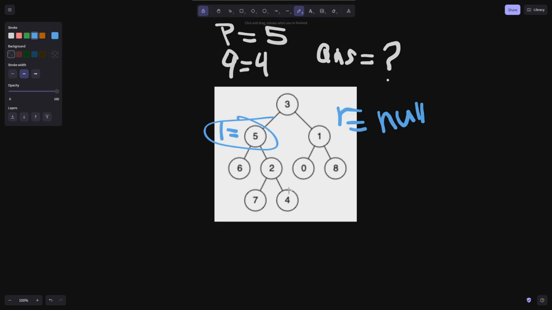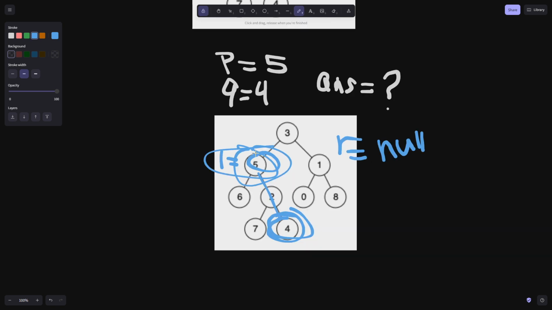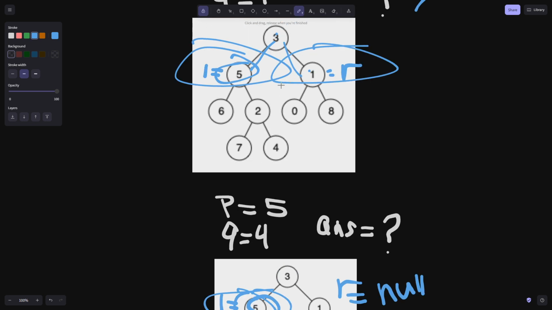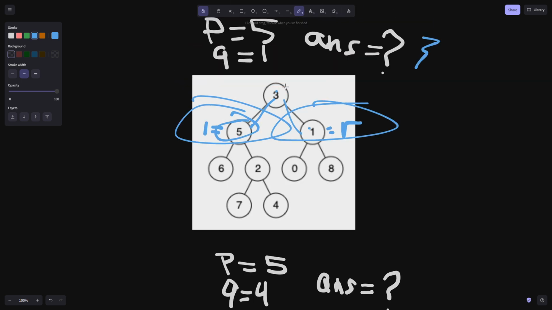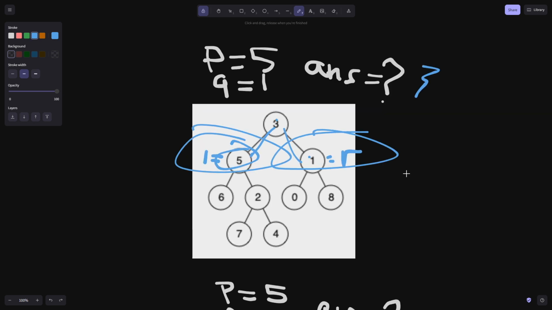But here in this example, if Q is 4, of course, 5 is a descendant of itself, remember? And 4 is a descendant of 5 as well. So that's why, when one of them exists in the tree above the other, you can return that. But if they're on different sides, then the LCA has to be the node they descend from above, right? And that's why doing this recursively is really helpful.